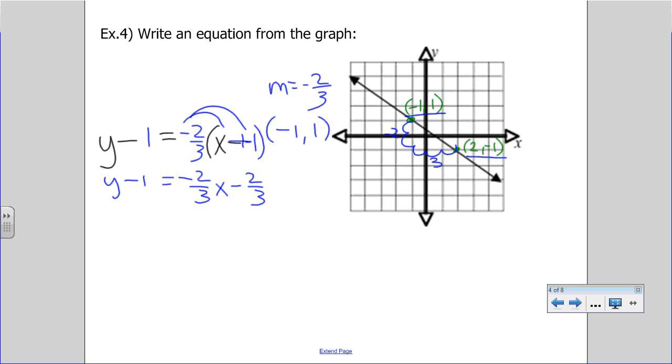I now need to add 1. y is equal to negative 2/3 x. Ladies and gentlemen, if you are not comfortable with your fractions, take the time to use your calculator. Negative 2/3 plus 1 is a positive 1/3. All right, I'm going to step back and look at my answer and compare it to my graph. I have a negative slope.